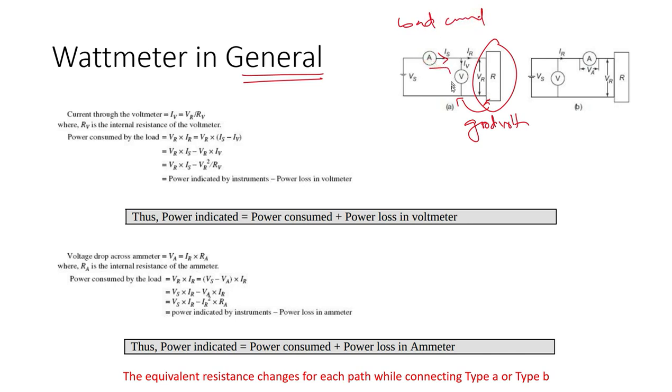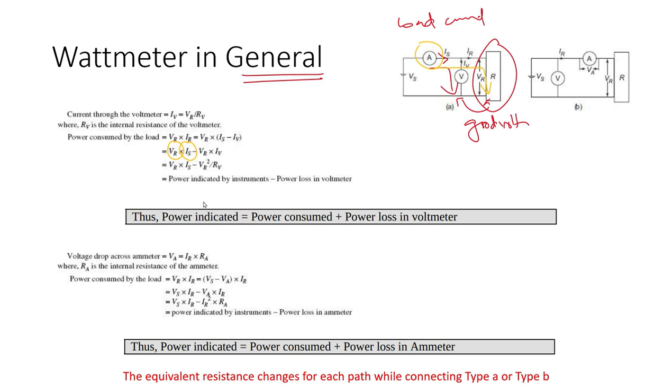Because the current going through this as well as the current going through this are measured by this ammeter. So in this case we have VR IS, whereas IS is the total current supplied to this one. So we must remove the current that is flowing through this voltmeter part.